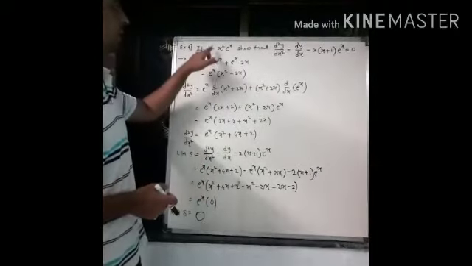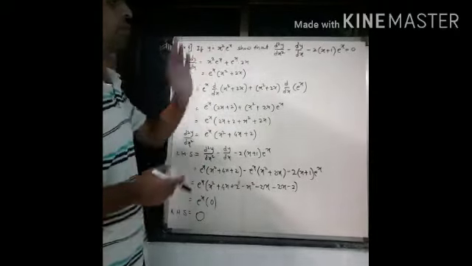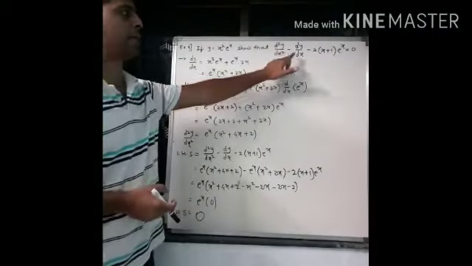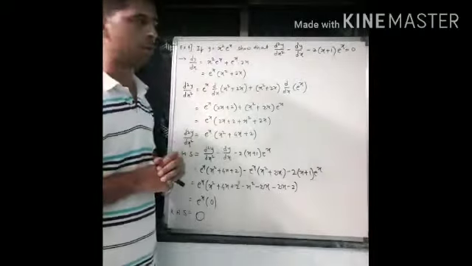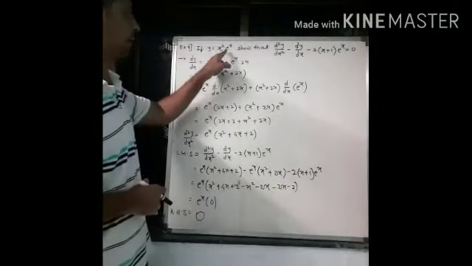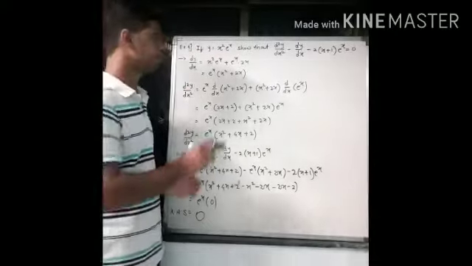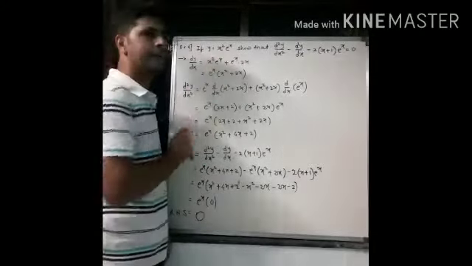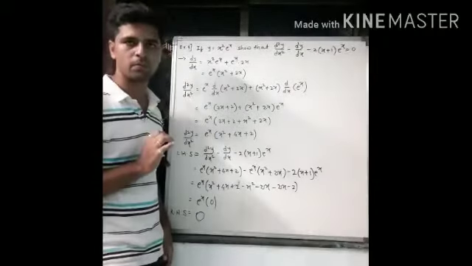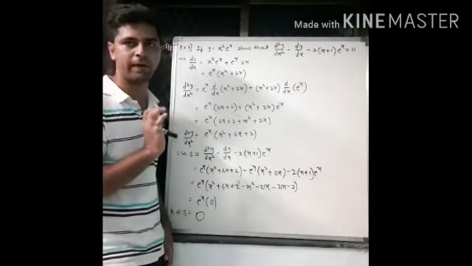Now the given function is y equal to x square into e raised to x. Right? See, here we have to find out the second derivative as well as the first derivative. So let's start with the first derivative of this function y equal to x square e raised to x. So x square and e raised to x, we can see that two terms are given in product form. So obviously we'll use the product rule of derivative here.